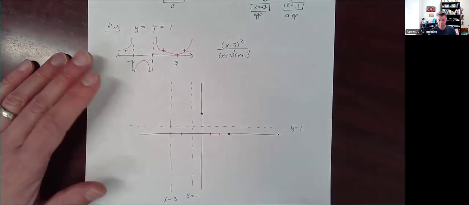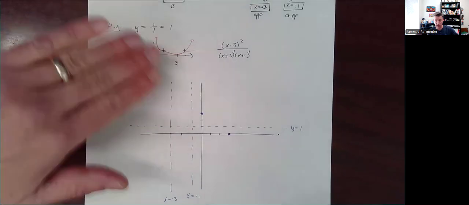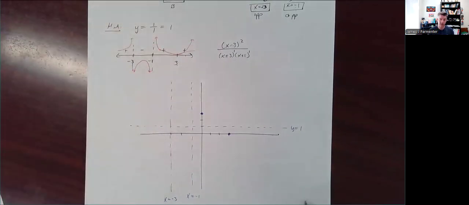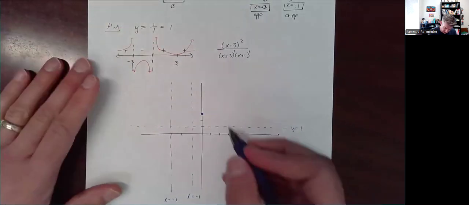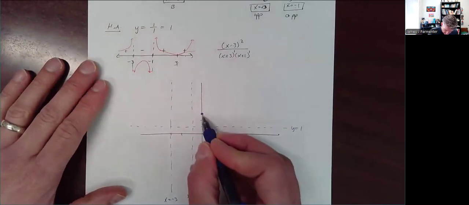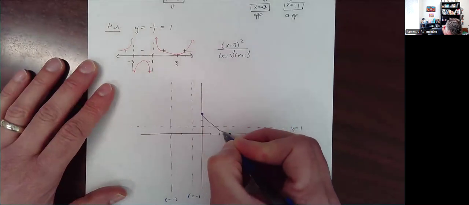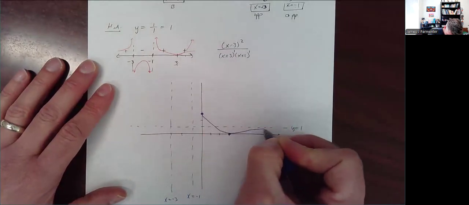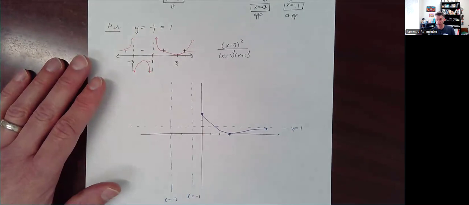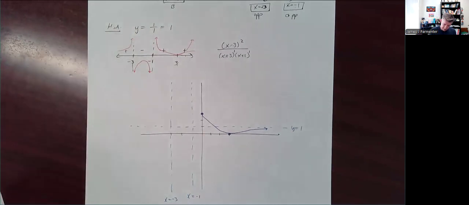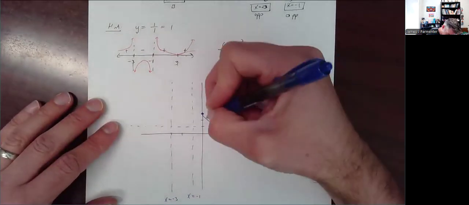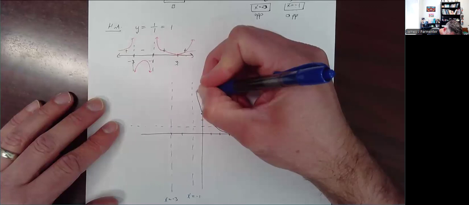I wouldn't actually use the sign chart to graph it, or at least I would say I wouldn't use a sign chart in general. I would just say I start here, and I have to go from here to there and bounce off. I'm going to go like this. And then I don't have any reason to cross over the horizontal asymptote again, but I definitely did cross it somewhere here. Then here I'm going to have to go upwards.